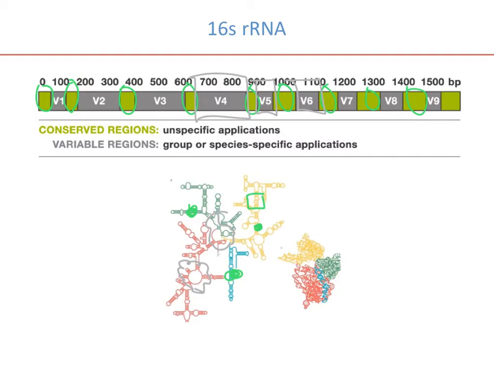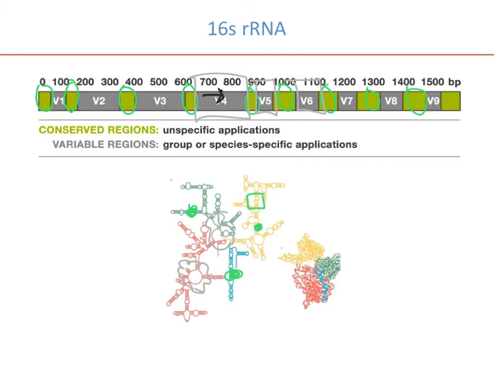Okay, so when you're designing primers, in order to amplify some DNA, the primers need to match exactly the location that they're targeting. So what would happen if I put a primer in this V4 region?